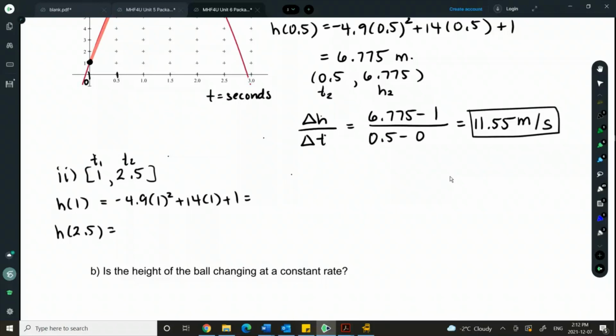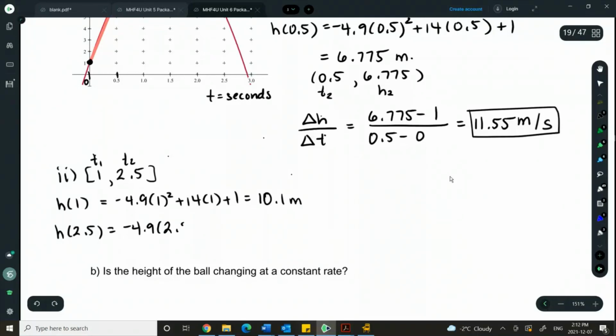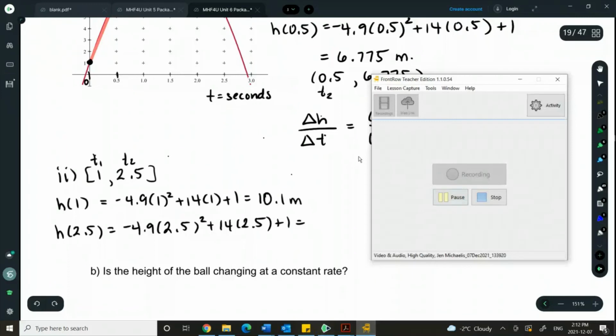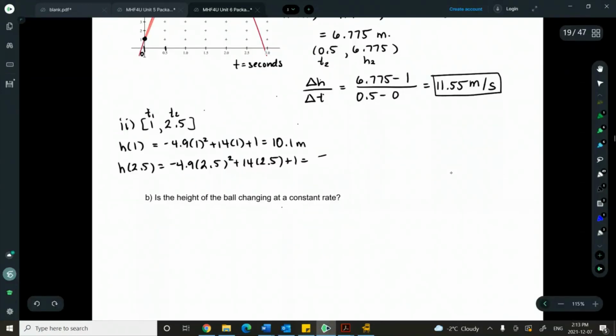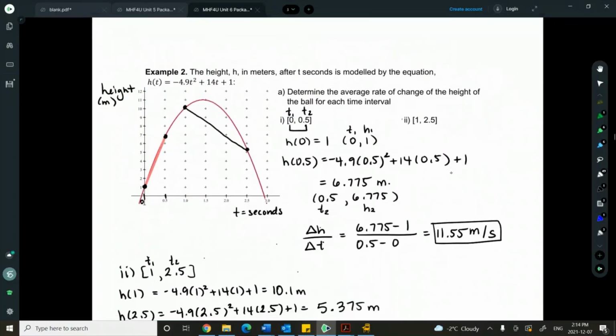We get 10.1 for this one, meters, and then plug in 2.5. So this will give us 5.375 meters. So here we have our 2 points, 1, 10.1, and 2.5, 5.375, and you can look at your graph as well.